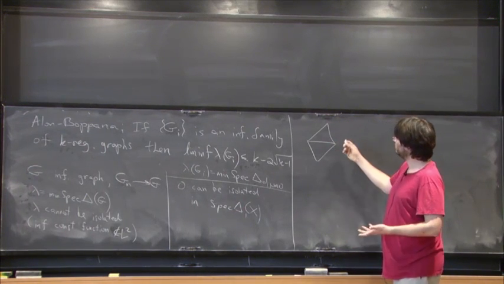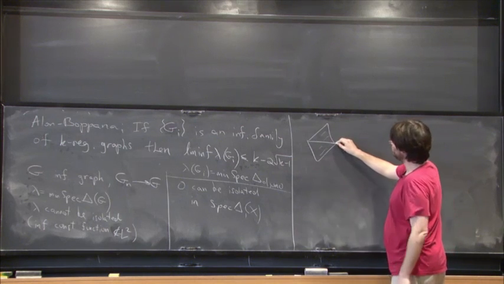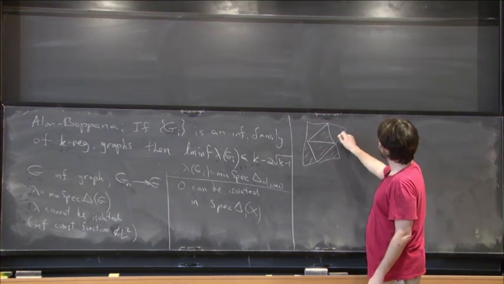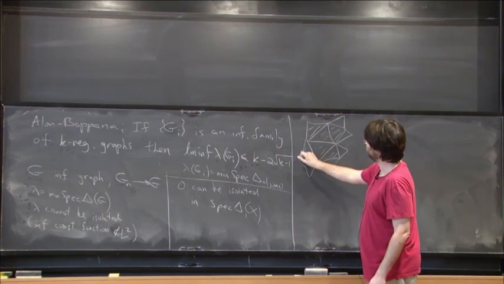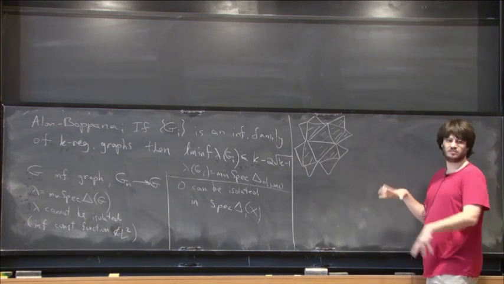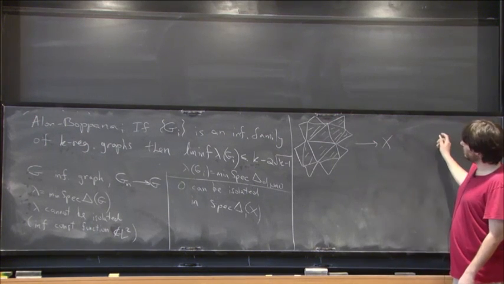You start with this complex, two triangles around an edge, then you add another triangle anywhere, another one. It looks like a tree, yes. And this converges to some infinite complex.